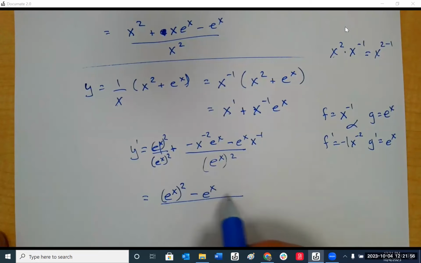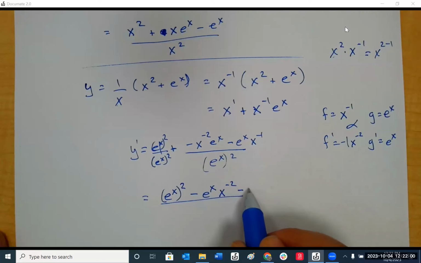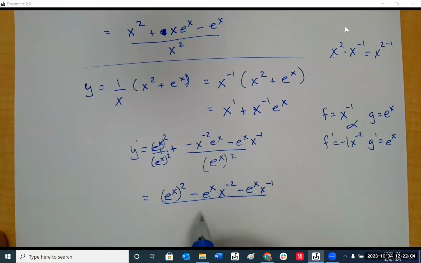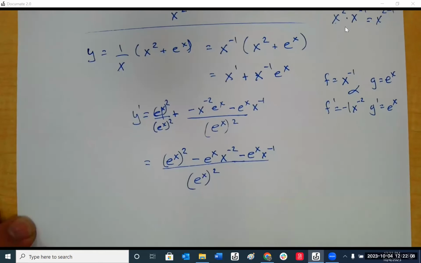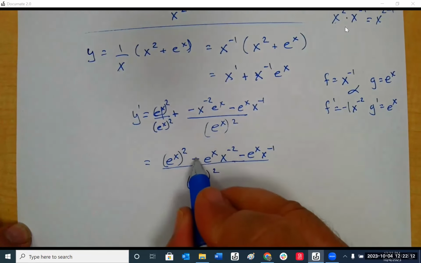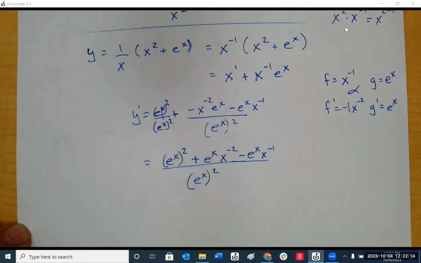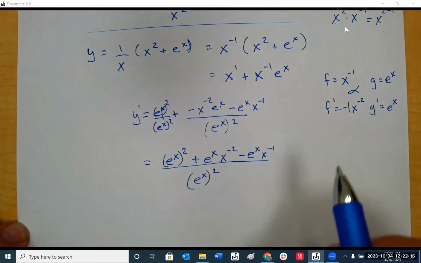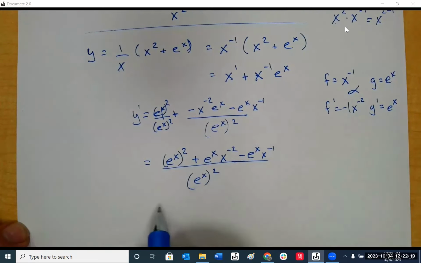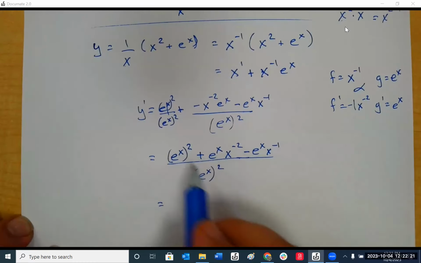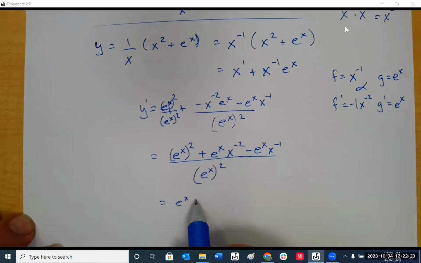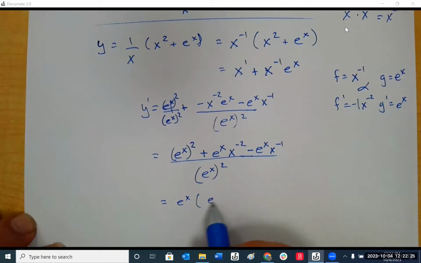Minus e to the power x, x to the -2, plus e to the power x, x to the -1, all over e to the power x squared. No, that's plus, I'm sorry. So all of these have e to the power x in there, so we can factor that out.